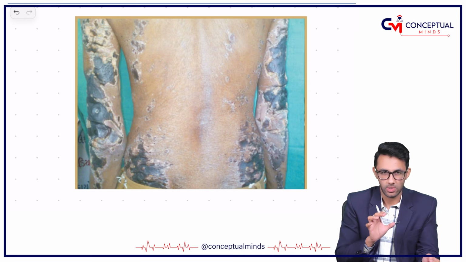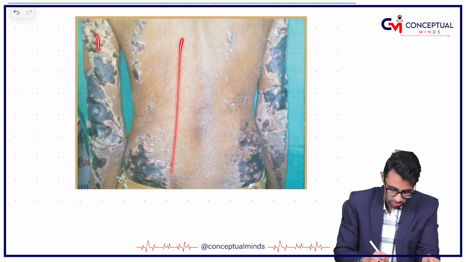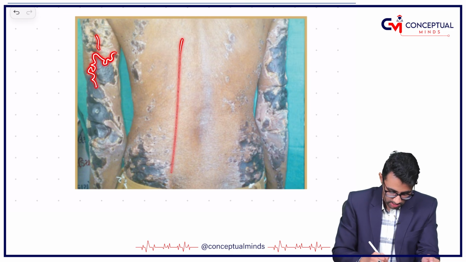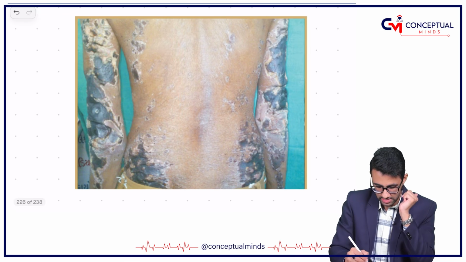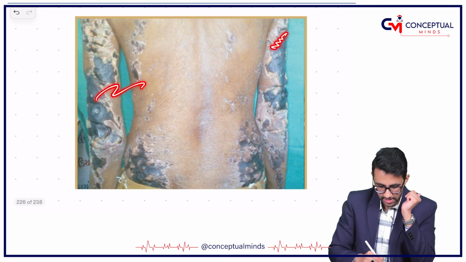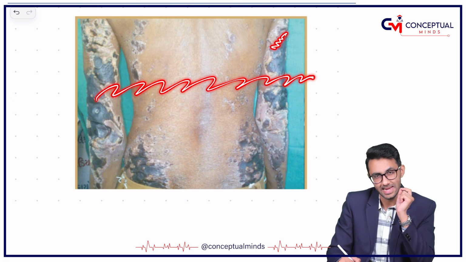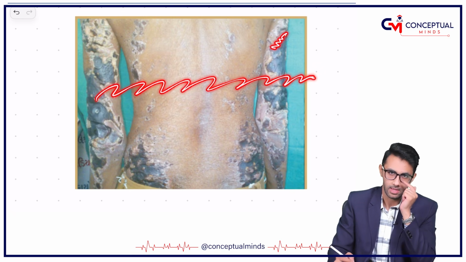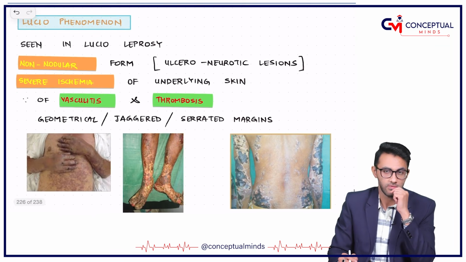Nothing is smooth, there is no clear demarcation, nothing is clearly defined. There are serrated margins. You see the margins are not clear, they are serrated like this. Whenever we see this form, these are serrated margins. Okay, so these are the presentations of the Lucio phenomenon.